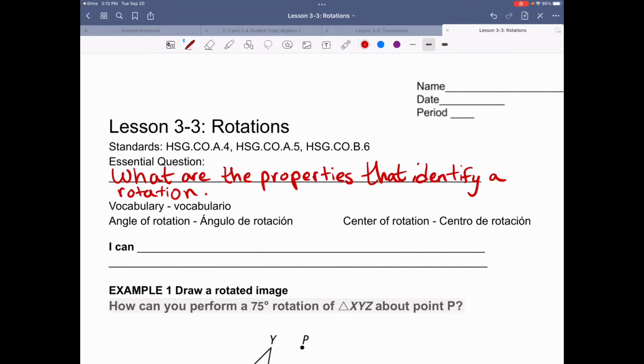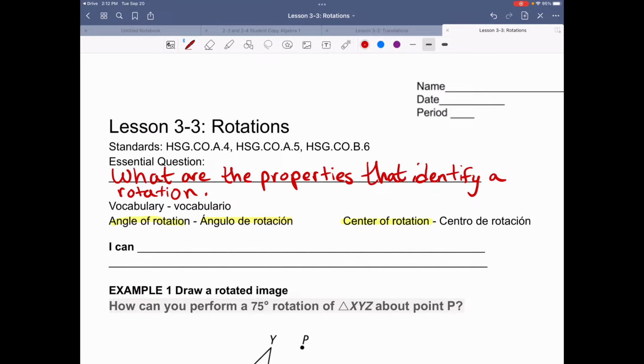The vocabulary, or vocabulario, is angle of rotation, ángulo de rotación, center of rotation, centro de rotación.